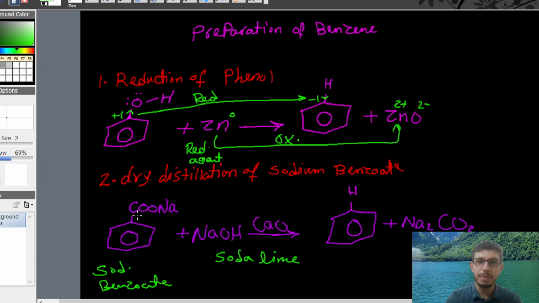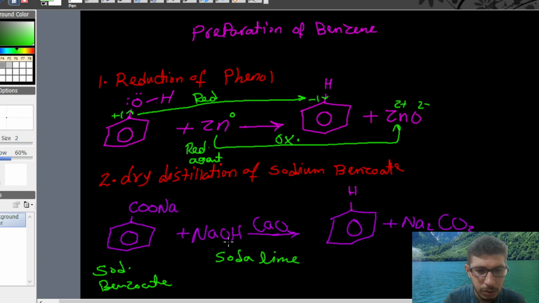Actually, we had in the first place benzoic acid, then we added sodium hydroxide to neutralize it to get sodium benzoate, just like here. And when we add the soda lime, we perform a dry distillation process or called decarboxylation reaction. This reaction is called decarboxylation reaction because you get rid of the carboxylic group here.